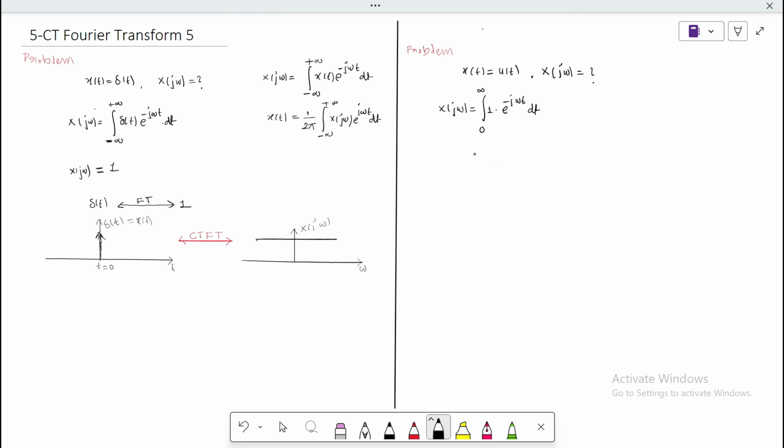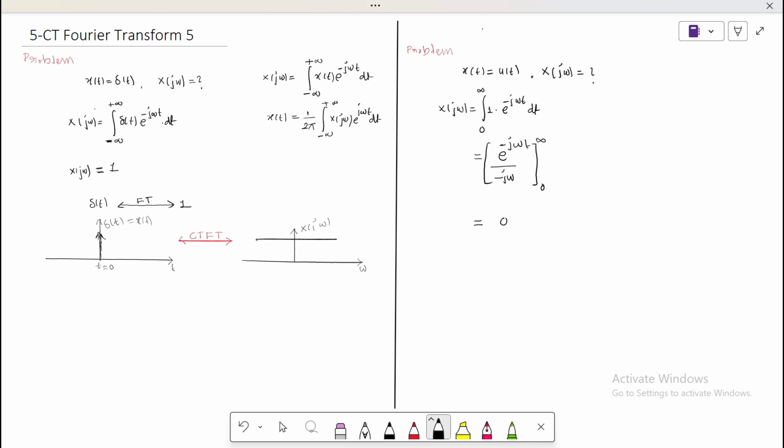So do the integration, exponential function integration, e power minus j omega t, divided by the constant minus j omega. So limits values are 0 to infinity.